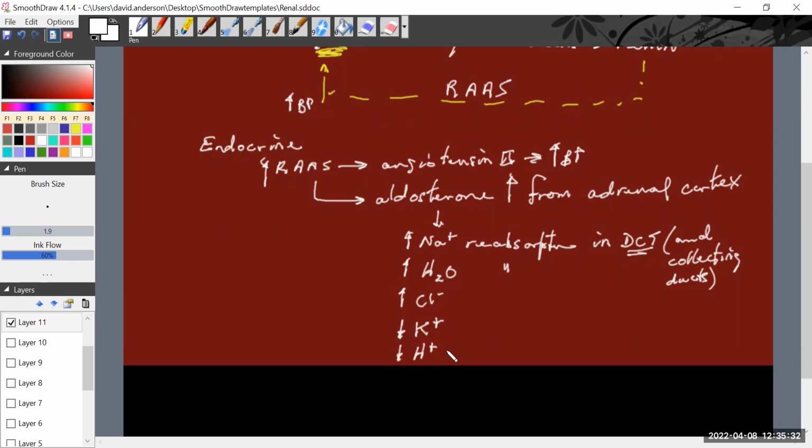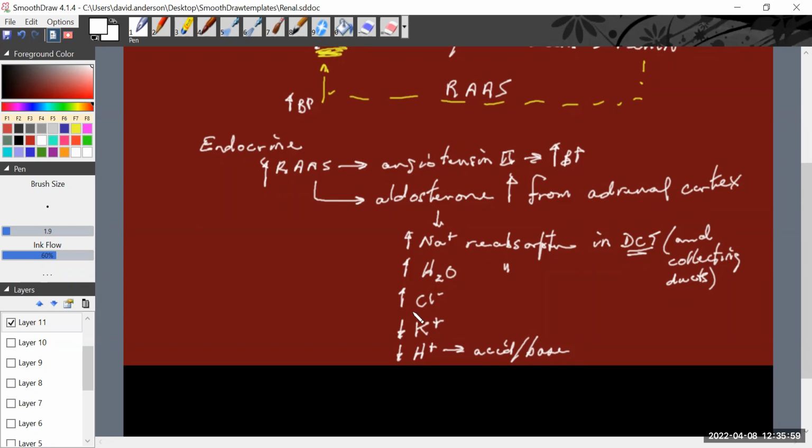And this is how we're going to regulate acid base. When hydrogen ion is leaving, it's going to remain in the urine, and this is what gives urine its slightly acidic property. We're going to talk about urine in a few minutes.